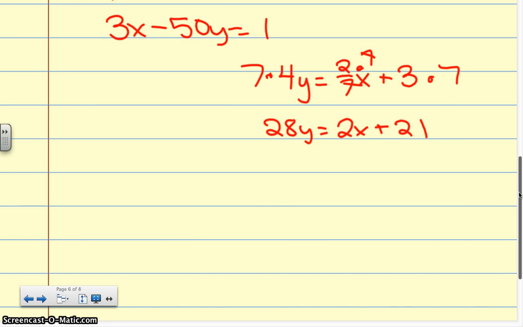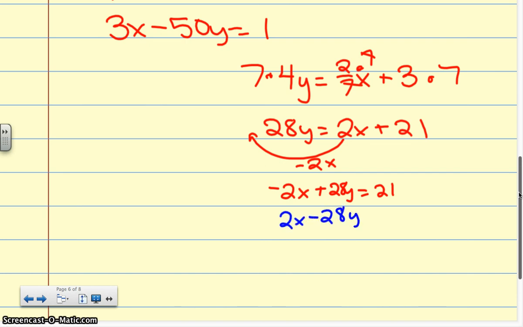Now move my x term over by subtracting 2x. It's got to go in front of the y. So negative 2x plus 28y is equal to 21. Am I simplified? No, because I'm starting out negative. I need to start out positive. 2x minus 28y equals a negative 21.